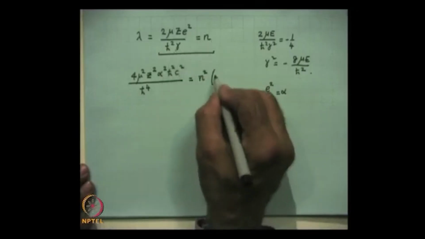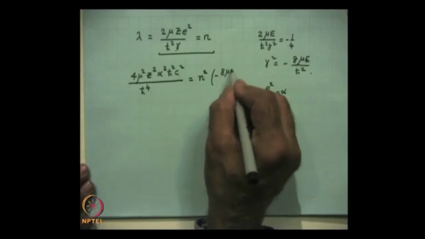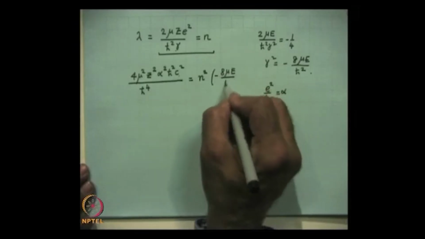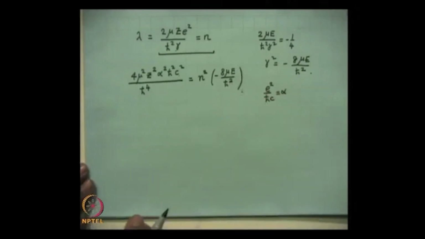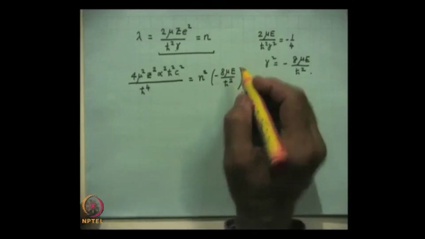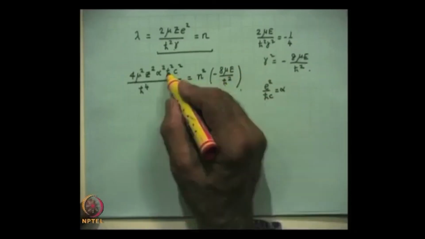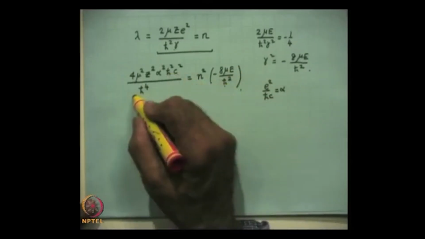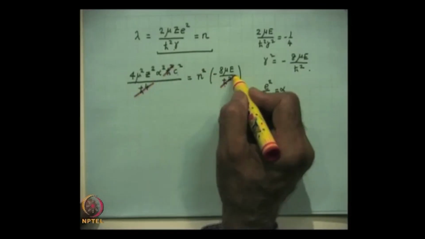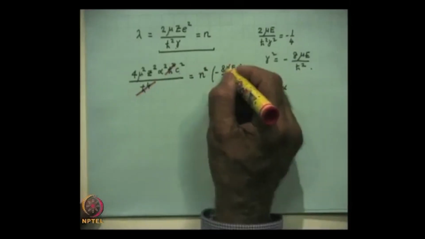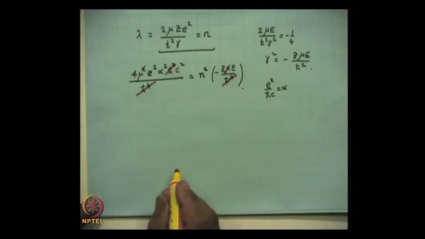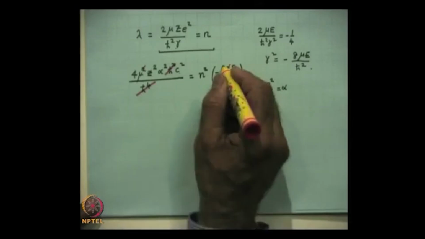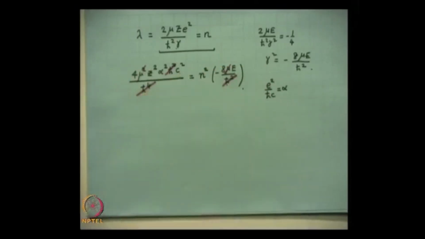So, gamma square is minus 8 mu E by h cross square. Please see this, we have to do this a little carefully. So, h cross square multiplied by h cross square by h cross 4, these two terms will cancel out. 1 mu will cancel out with 1 mu, and 4 divided by 8 is half.